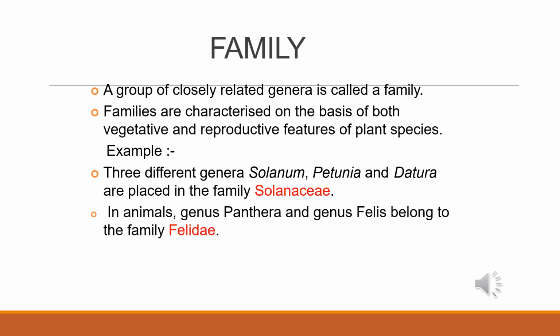There is some difference in the suffix used for families. A plant family ends in the suffix -aceae, and a subfamily in -oideae. An animal family generally has the suffix -idae, and a subfamily -inae. You will study about these in higher classes.